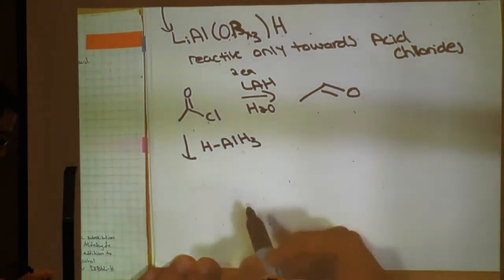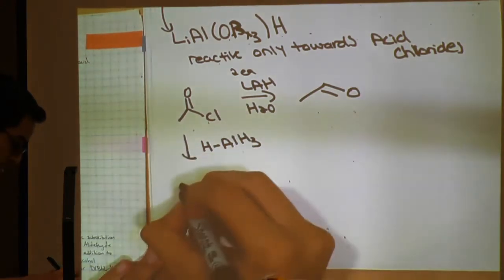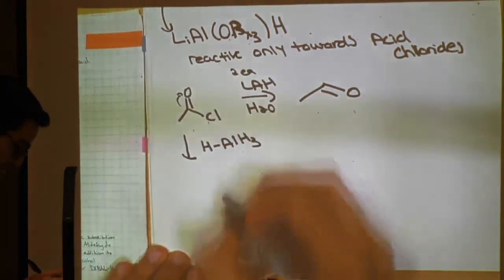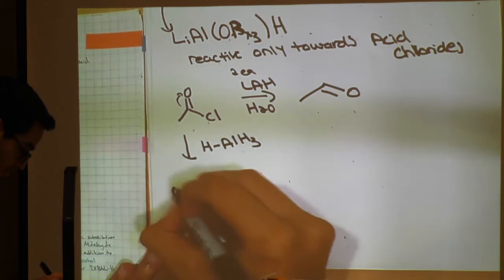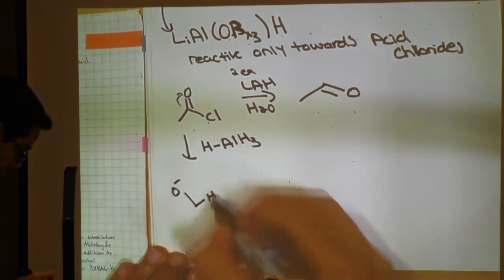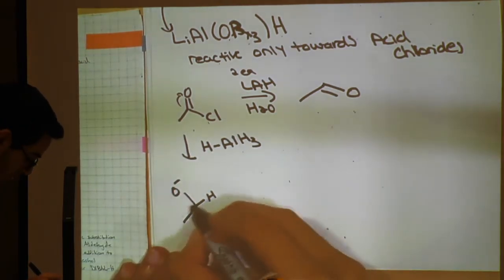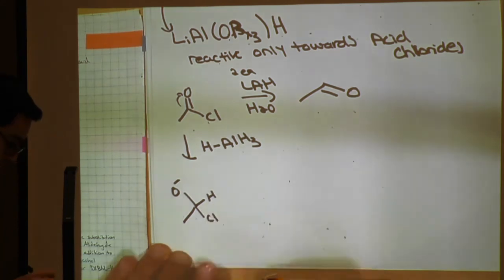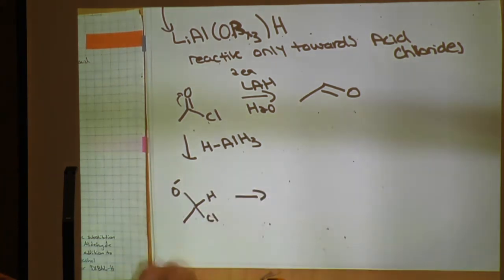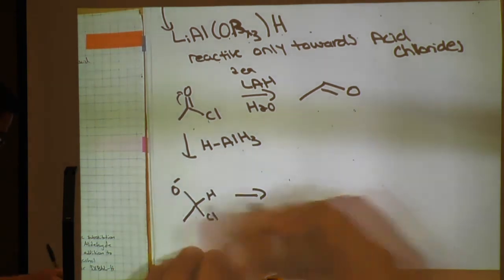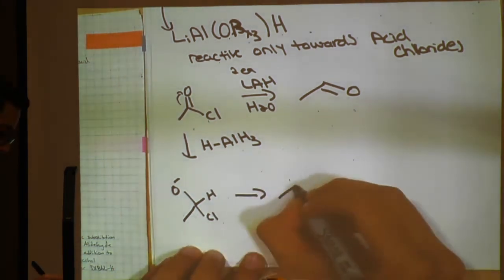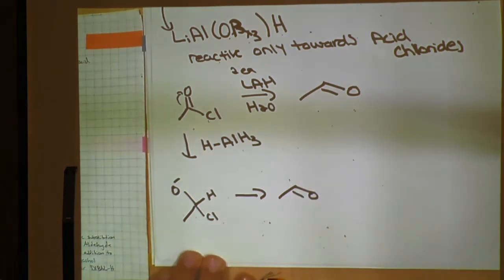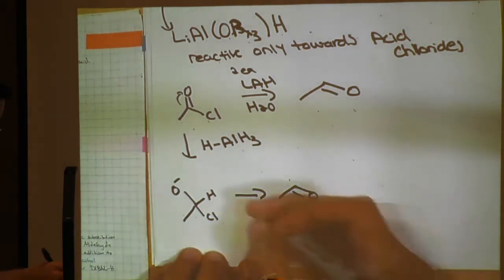So again, we're going to follow that. This just goes up, so we're going to have O negative. Just notate that, H, Cl. Then the second step is when we react with the aldehyde.